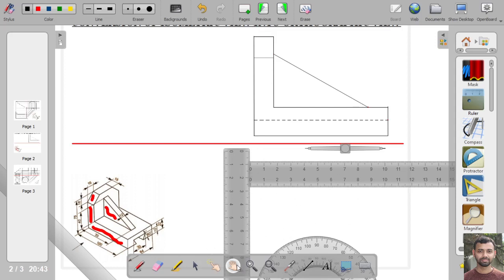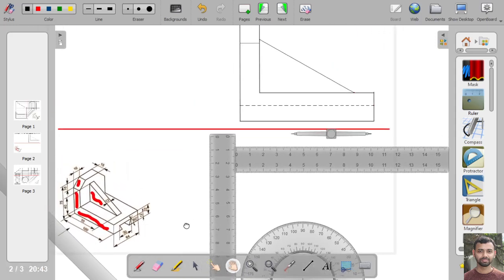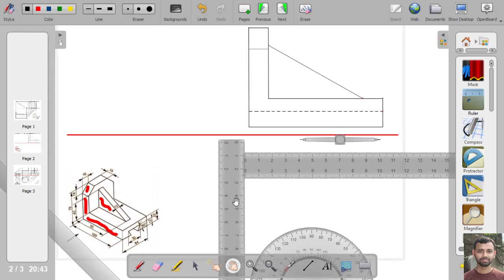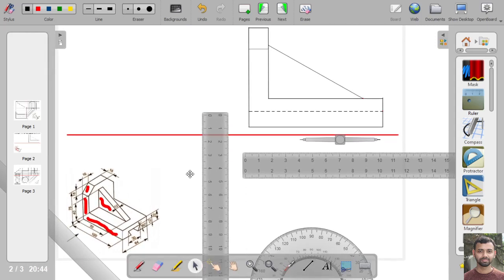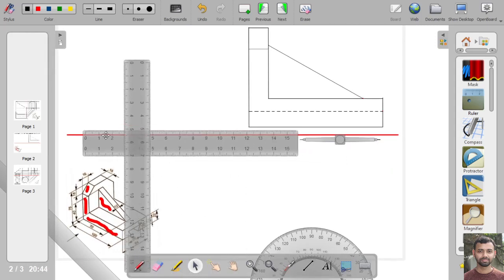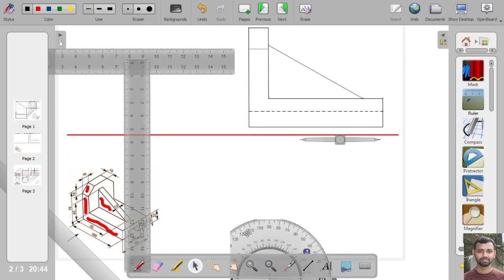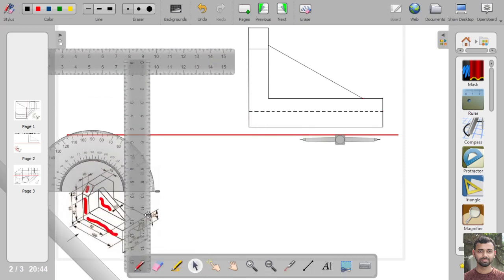Now we will project all the points on this horizontal plane.